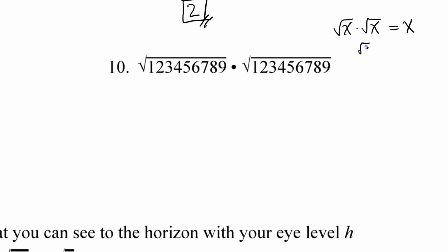Or the square root of 3 times the square root of 3, I'd get 3. So if I take the square root of 123,456,789 times itself, I would get 123,456,789.